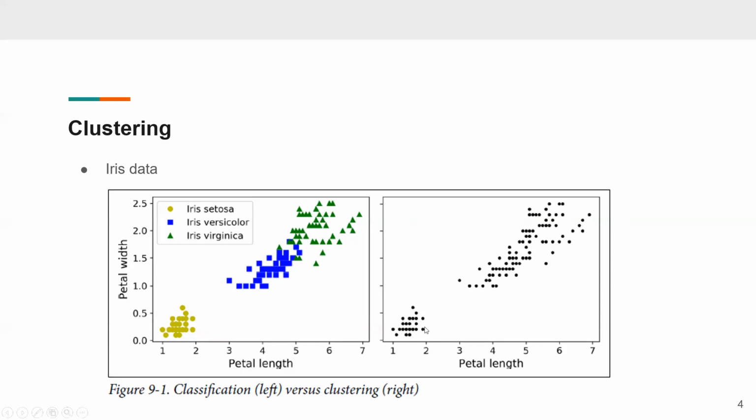Conceptually, you would probably think this belongs to one class, and maybe this belongs to the other one. Ideally, if we can differentiate this class from the other one, that would be ideal. This methodology is called clustering.